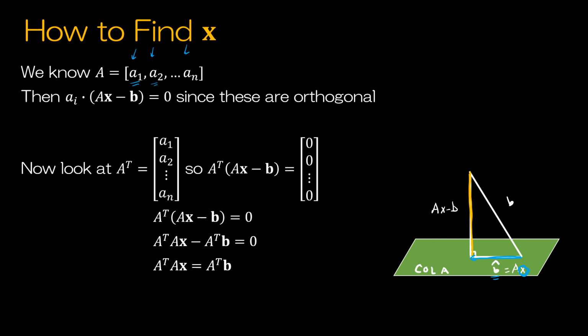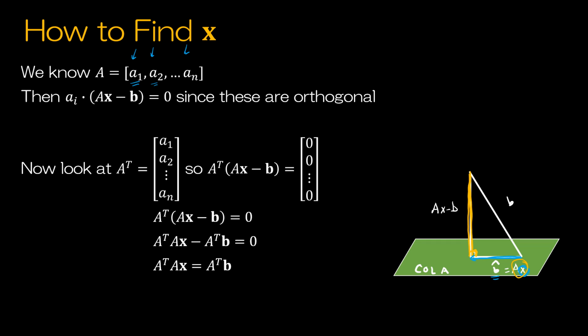Why is that? Because they are orthogonal. Remember, any vector in A multiplied by this vector Ax minus b, which is just the distance between b and Ax, or b hat, those are all going to be orthogonal.